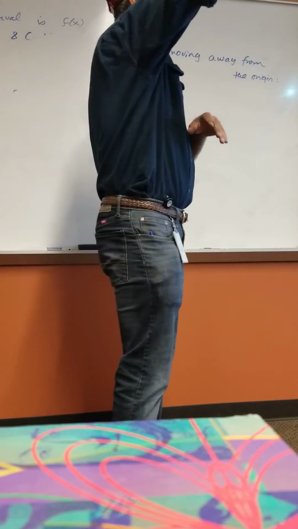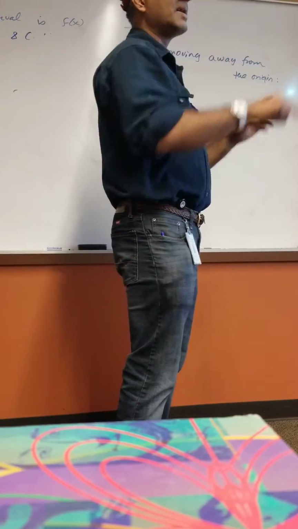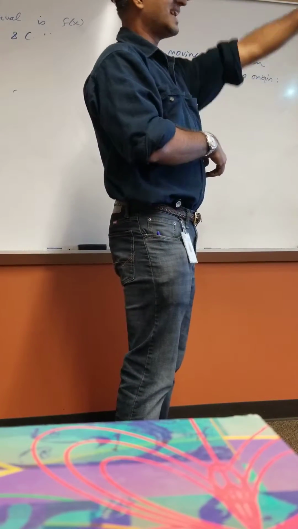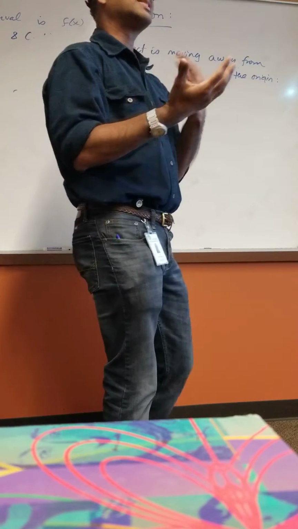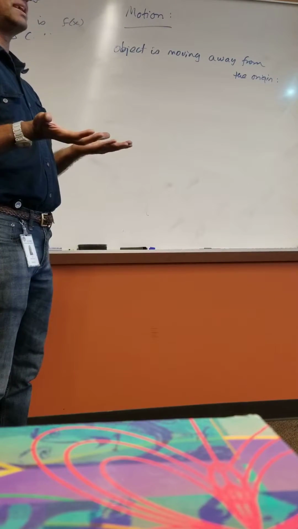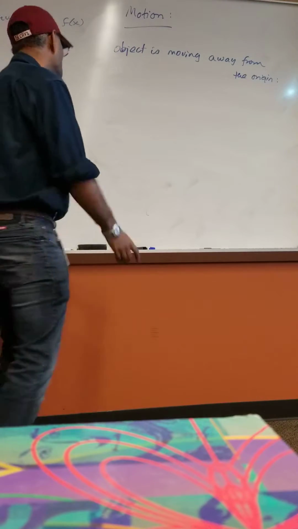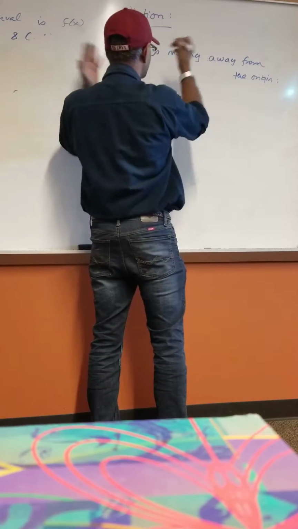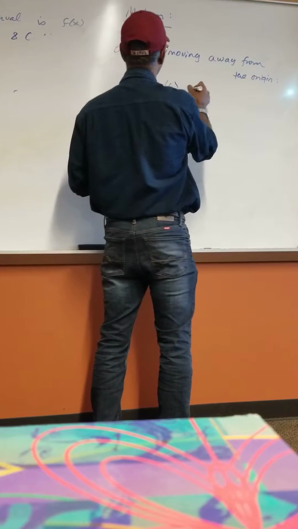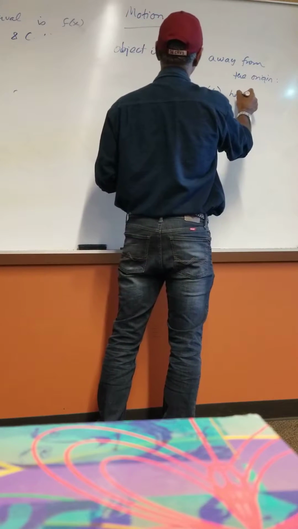He said position is positive, velocity is positive. He said position is negative, velocity is negative. So what's our shortcut? Position and velocity should have the same signs. So our discovery was s of t and v of t have the same signs.